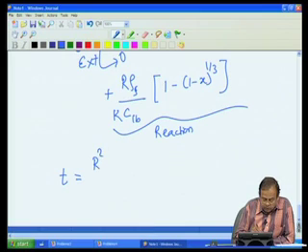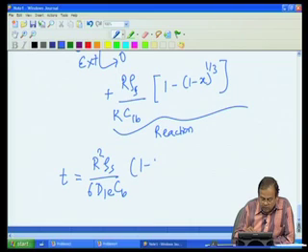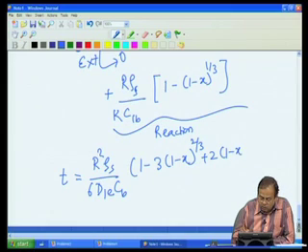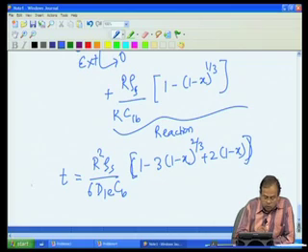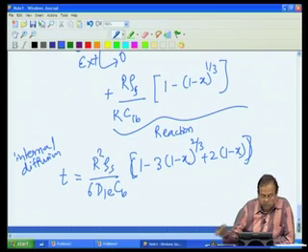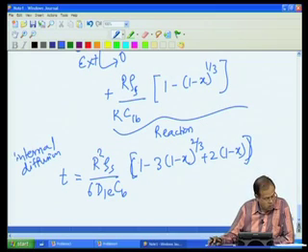So, time equals R squared rho s by 6 D1 e into Cb into 1 minus 3 into (1 minus x) to the 2/3 plus 2 into (1 minus x). Okay. So, this is if internal diffusion controls, that means the first and third terms are negligible.